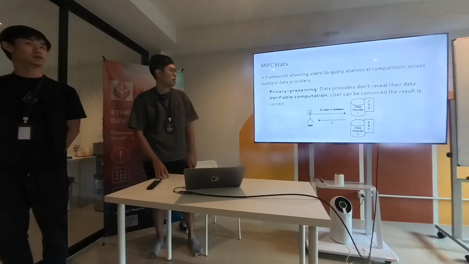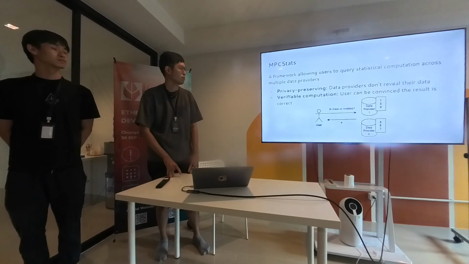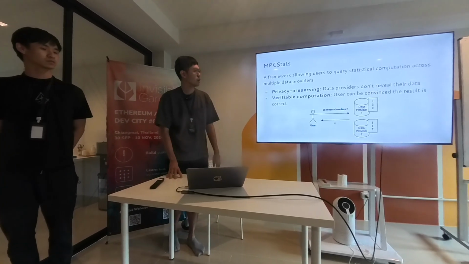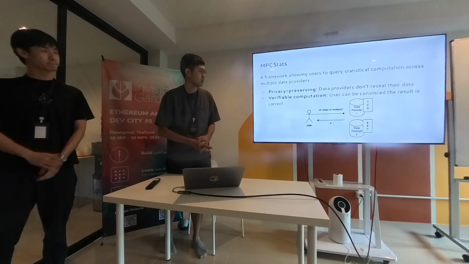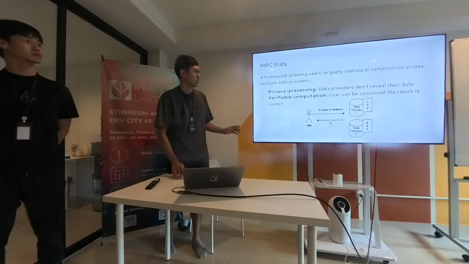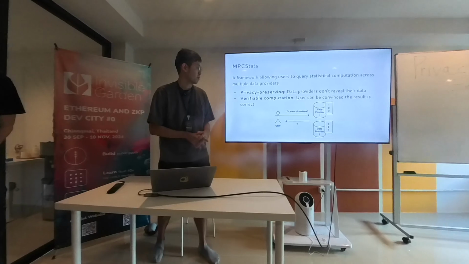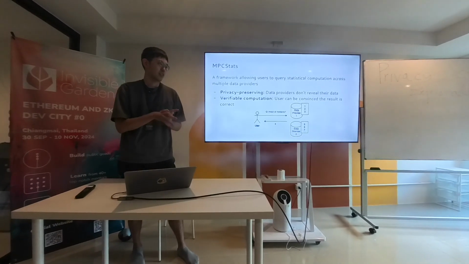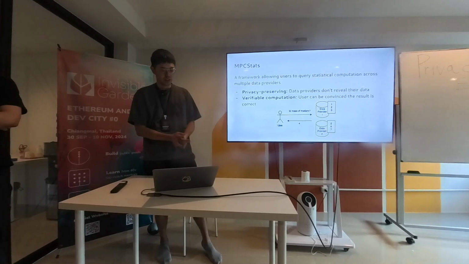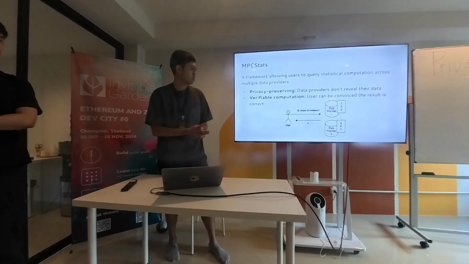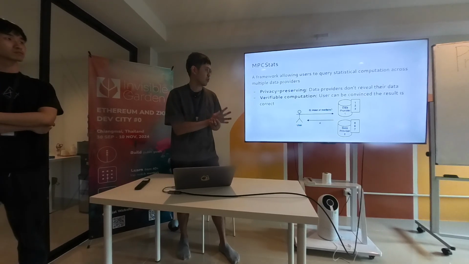So NPC Stats is a framework that allows users to perform statistical computation across multiple data providers. We want to guarantee privacy preserving, which means that data providers will not leak their data to others, and we want to guarantee verifiability as well, so that the user can be convinced that the result is correct.